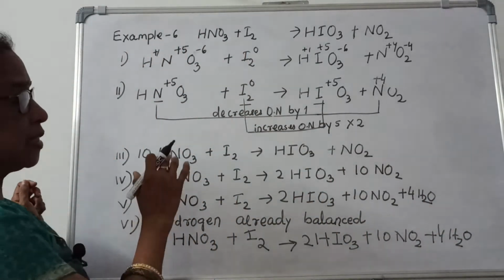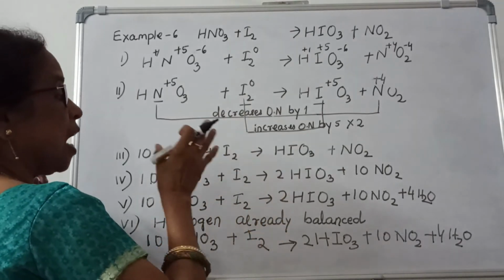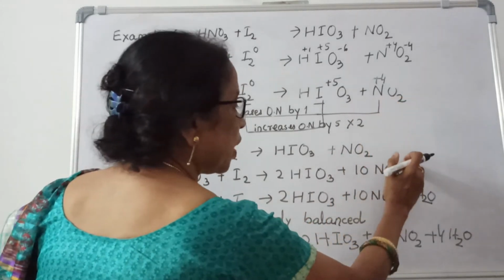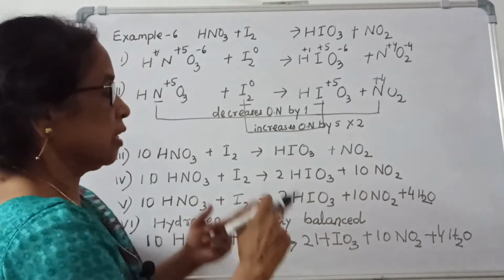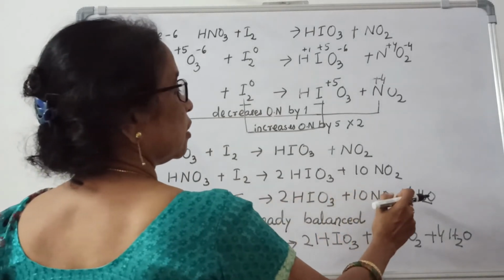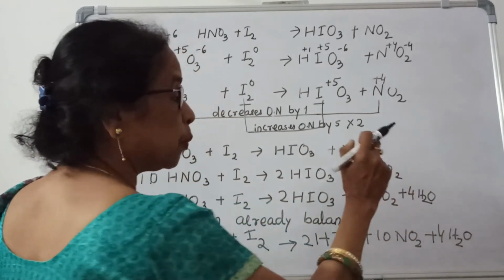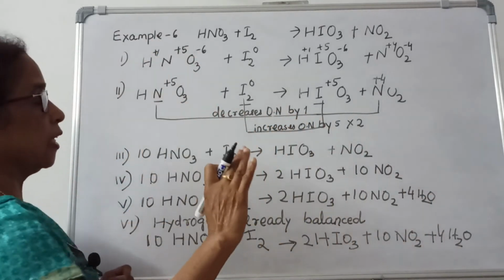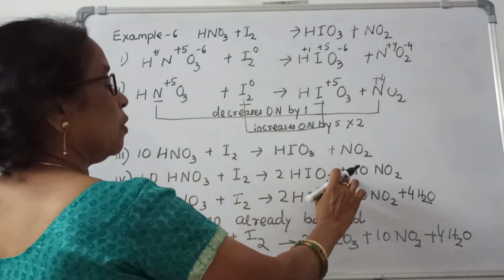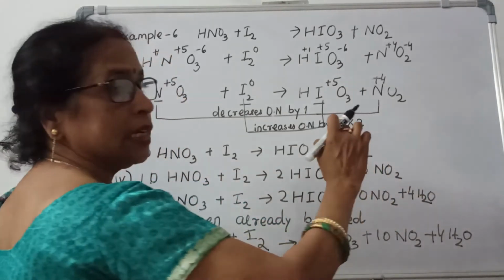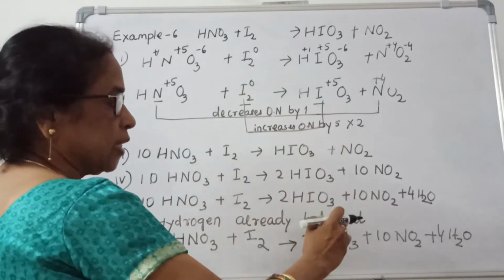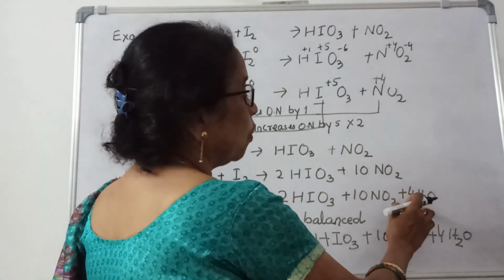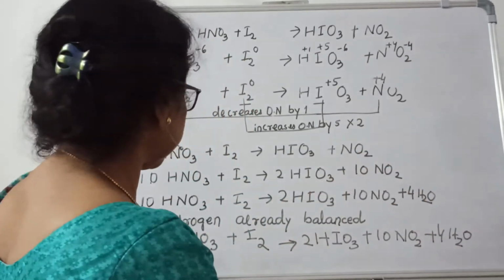Then what is the oxygen deficiency, and on which side? Deficiency of oxygen on the product side. How many? 4 oxygen. That is why I have to put 4H2O, because then the 4 oxygen become balanced. To make balance the 4 oxygen atoms I have to put 4 water on the product side.